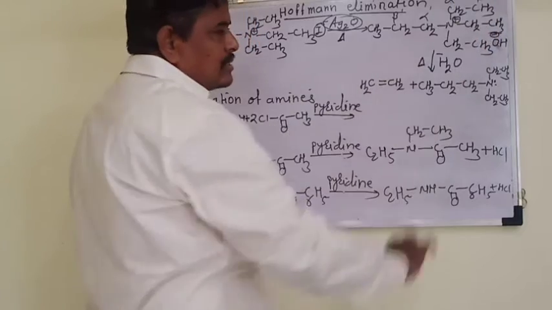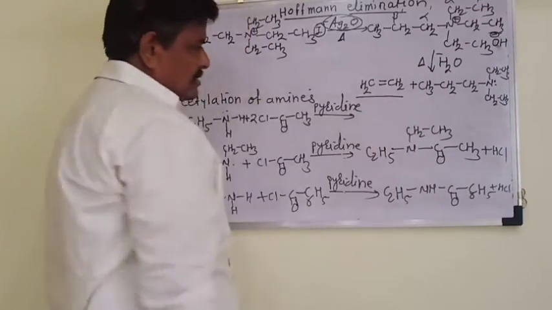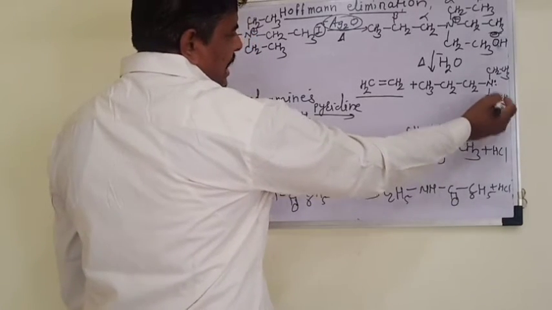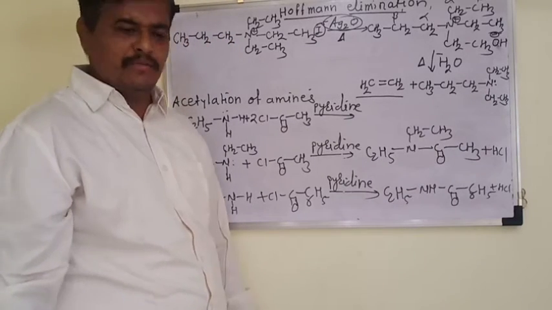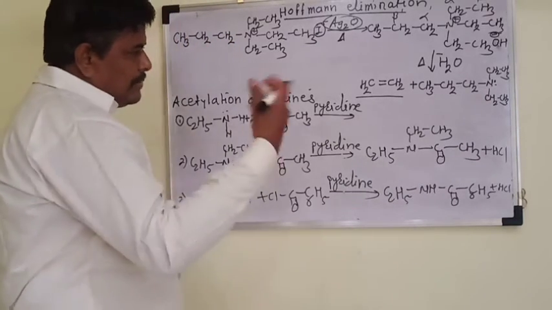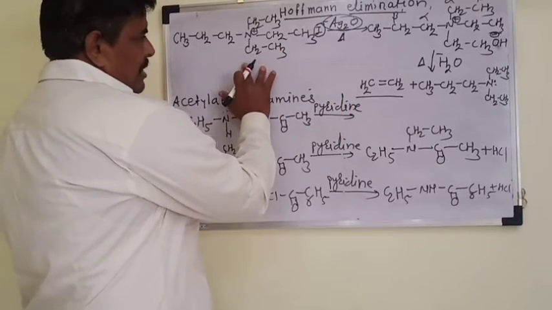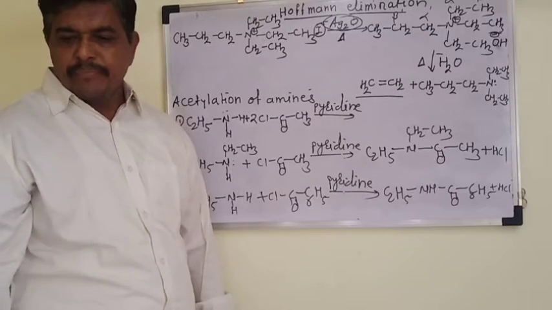So the beta hydrogen is removed and we get alkene as product, that is ethylene. N,N-diethyl propanamine is formed as a side product, which can be reacted again with ethyl iodide to form quaternary ammonium iodide, and this reaction continuously takes place.